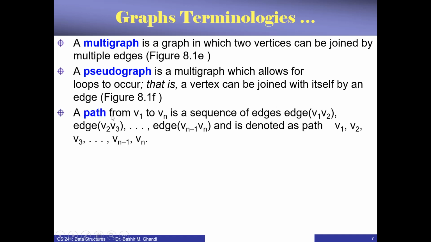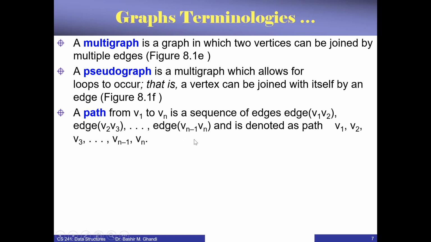Okay, next we define the term path. Path, I believe we saw the same in trees, is essentially the same. A path from V1 to Vn is a sequence of edges: edge V1,V2, edge V2,V3, and so on until edge Vn-1,Vn.